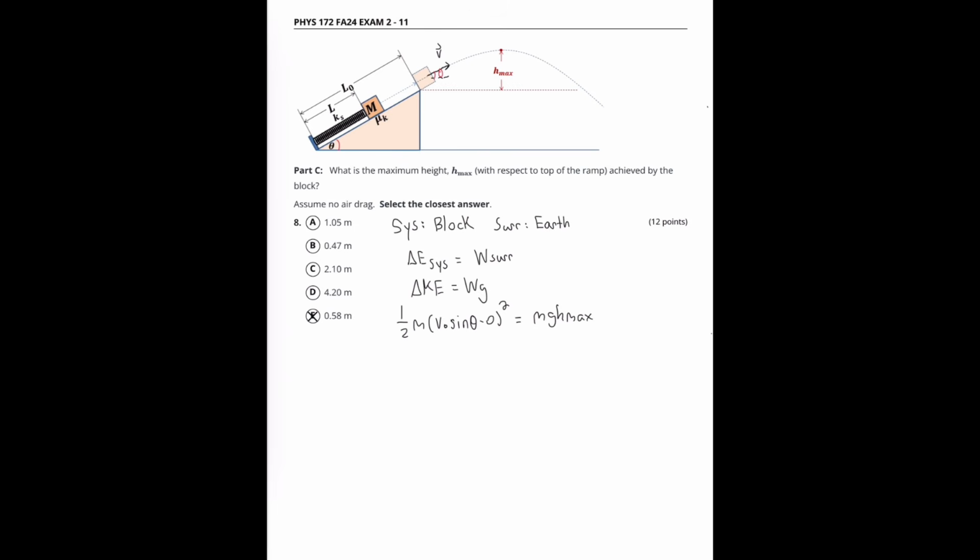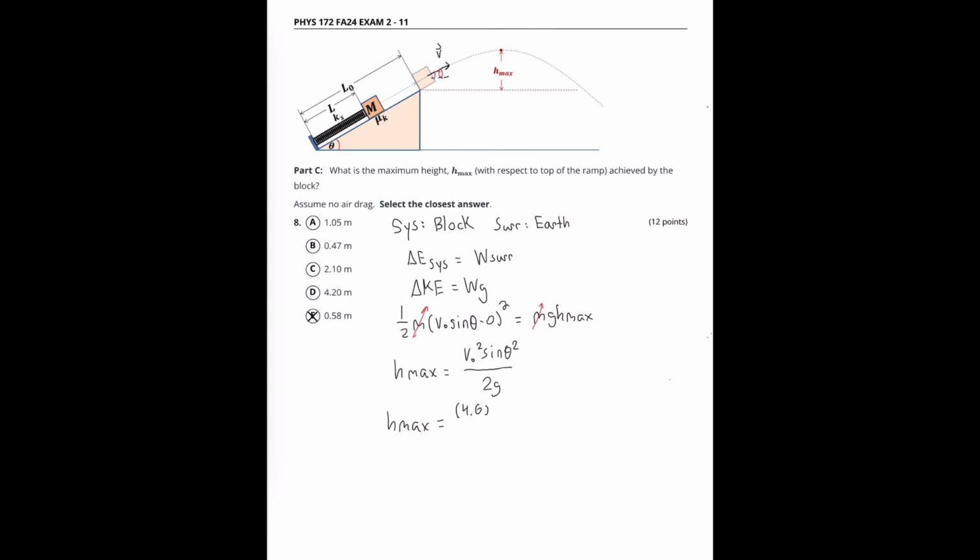When you rearrange that, the m's will cancel out, and h max is equal to v naught squared sine theta squared divided by 2g.